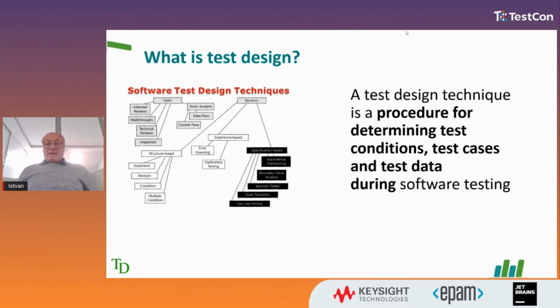A test design technique is a procedure for determining test conditions, test cases, and test data during software testing. It means that you should plan test cases in a way that the test cases will detect all the bugs or almost all the bugs. And if so, then your test cases are reliable.